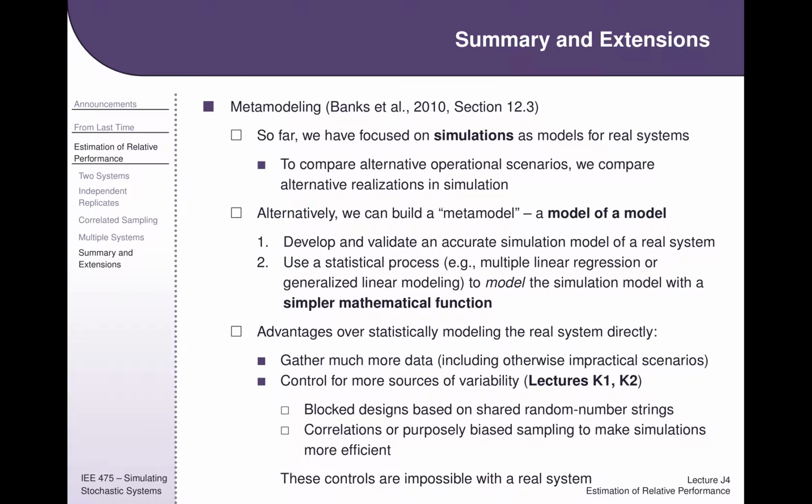You simply cannot replay an input like a number of customers arriving. You can get something that comes close, but you can never send the exact same stream of customers through two different systems at exactly the same time with nothing else changed. Whereas we can do that in simulation.